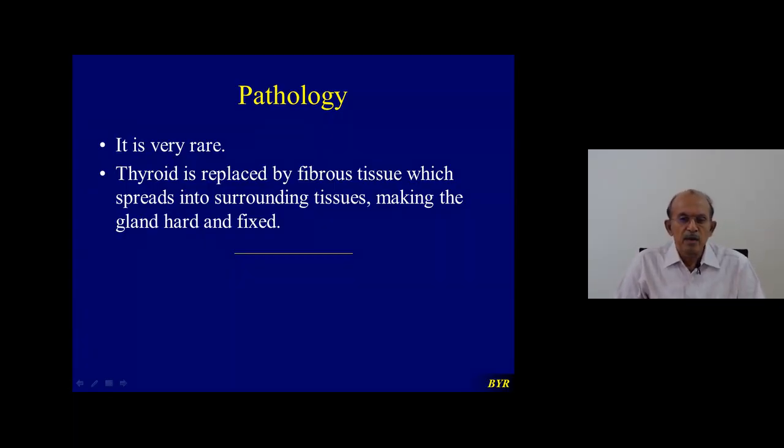Okay? If thyroid gland is completely replaced by fibrosis, that means it belongs to a condition called fibromatosis. So already we discussed about fibromatosis due to no cause. That means normally the fibrosis develops because of chronic inflammation or because of trauma. So without these two, there will be fibrosis of the whole gland.